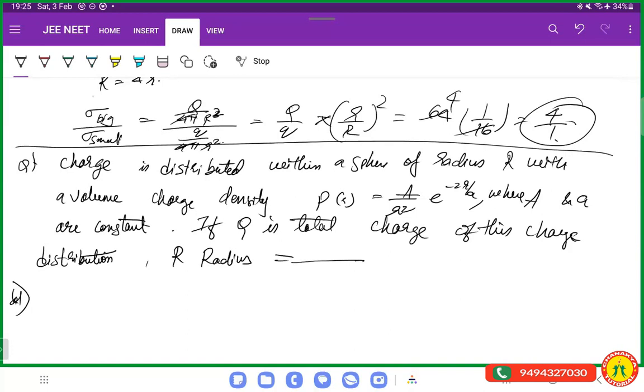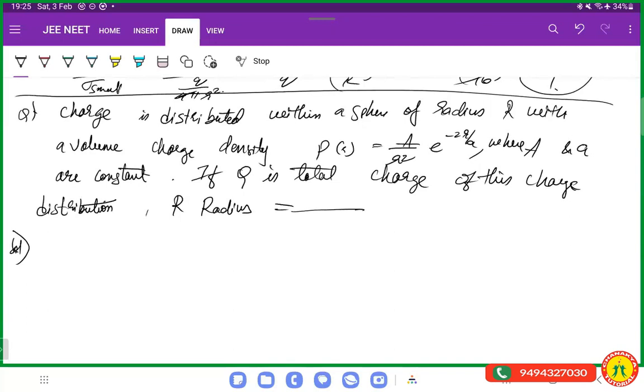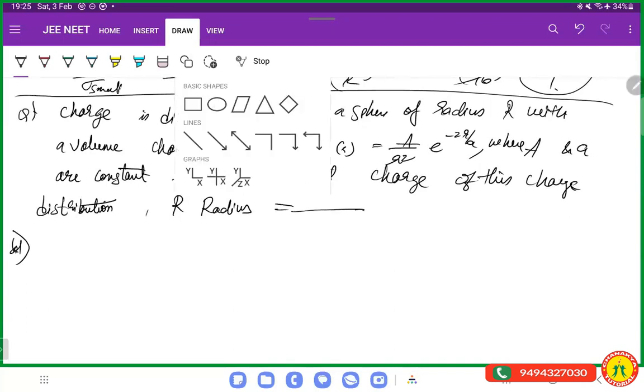Okay, so what to do here? How will we start? See, in short, what they are saying is charge distribution over the surface. Let me draw and show you.